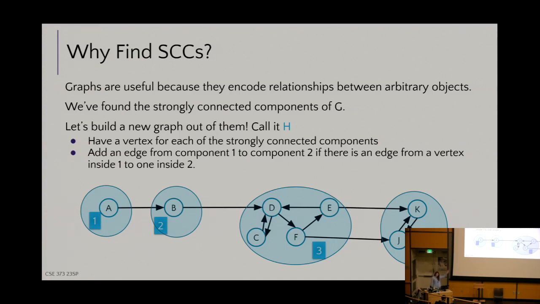A can only go to B, B can only go to that cluster that we're calling cluster 3, 3 can only go to cluster 4. So it's a way for us to put this filter over the graph and abstract away the details, but maintain some of the key information, which is just that connectivity, where we consider all of the items within a strongly connected component to be one singular entity.